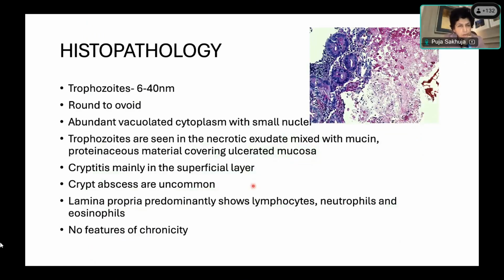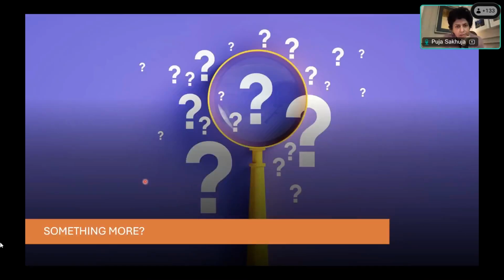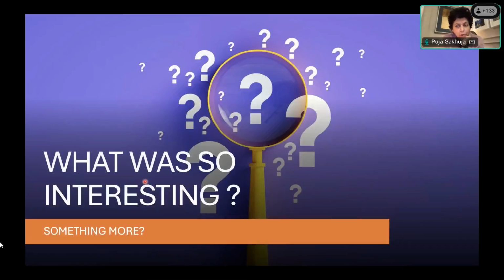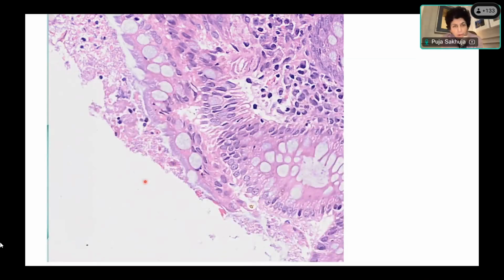Okay. So we've seen these trophozoites, cryptitis, crypt abscesses, etc. But there is something more interesting in this, which was that fuzzy border. This fuzzy border that we saw, we are suspecting it's a spirochete infection. And right next to it, we are also seeing these trophozoites. So this is a dual infection.